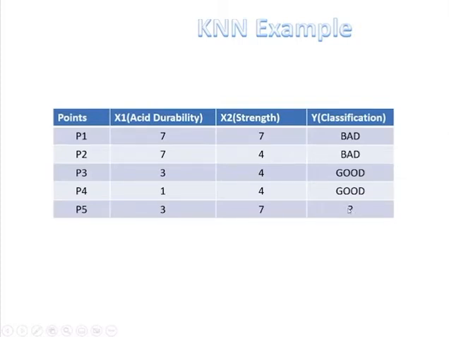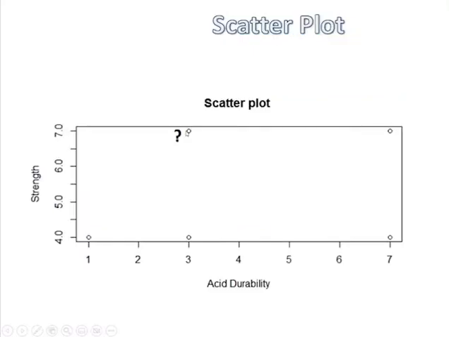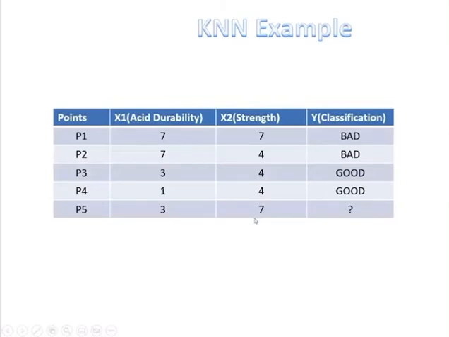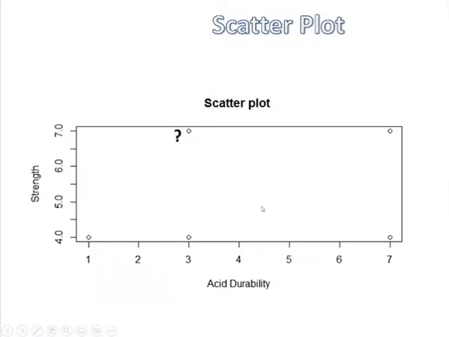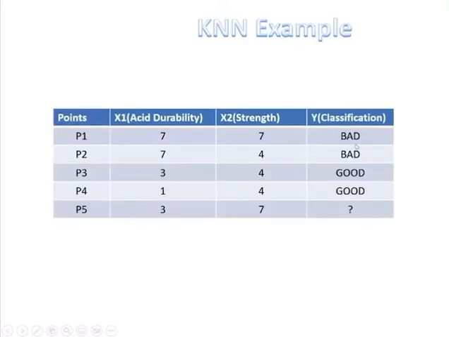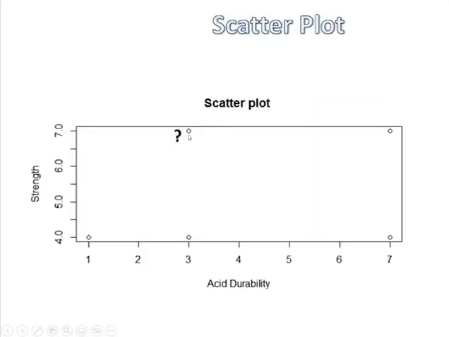This particular point, where can it be classified? We already know this is the 3 and 7 that we talked about. We already know where all the others are classified. As you can see, some are bad, bad, good, good, but we don't know where the 3 and 7, this one here, will be classified.